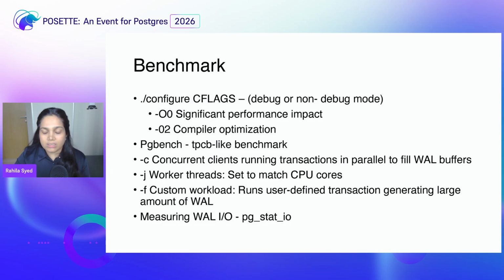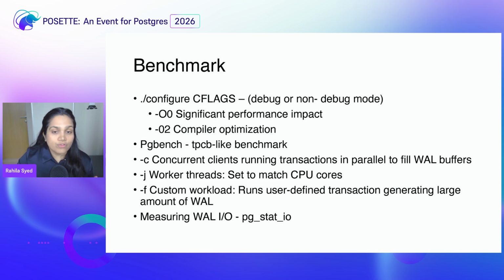Hyphen j is the number of worker threads, which is set to match the CPU cores. Hyphen f is the custom workload. This is what happens when the pgbench benchmark runs, or which transactions are run. These transactions are user defined. It's a custom script which generates a large amount of WAL.